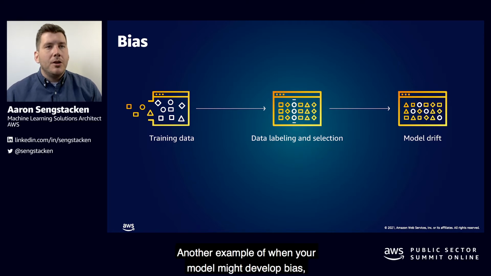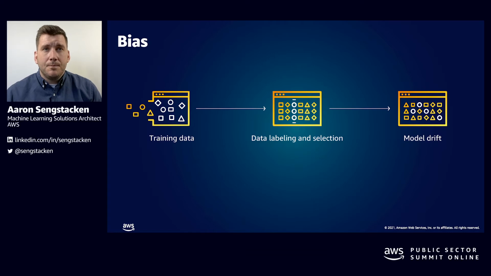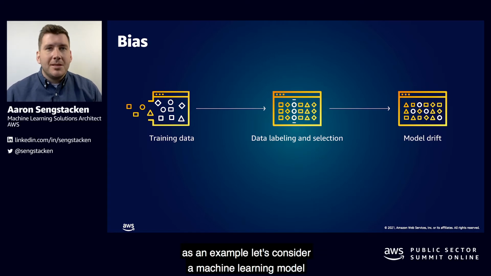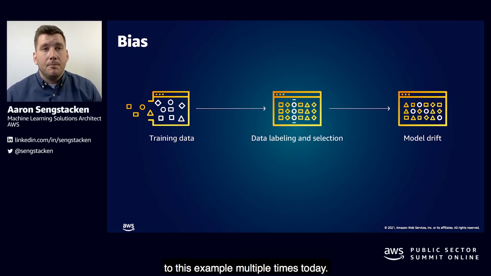Another example is when your model might develop bias behavior during the training process. As an example, let's consider a machine learning model that's used for bank loan approval. We're going to come back to this example multiple times today.